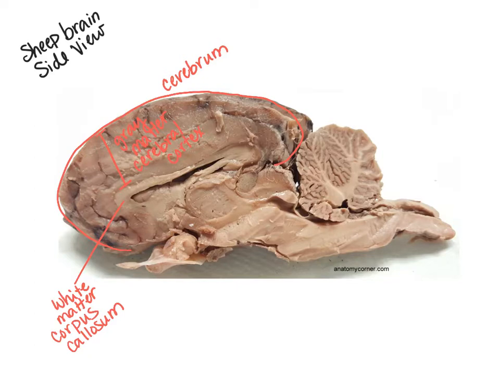We can also see more of the diencephalon from this view. So the diencephalon is made up of 3 structures. One structure is this area right here. This is known as the epithalamus, and this contains the pineal gland, which produces a hormone called melatonin.